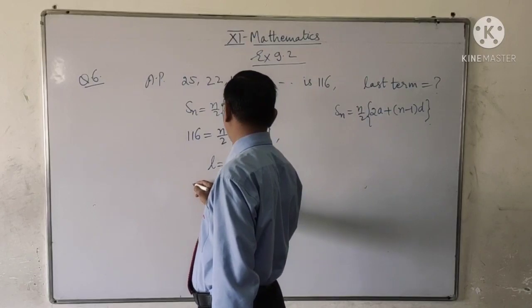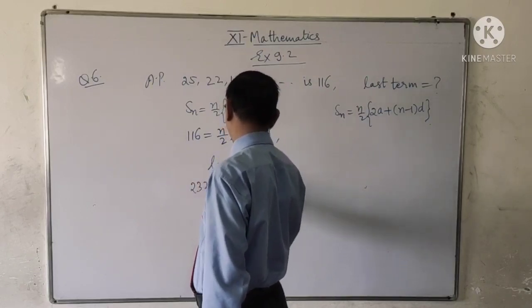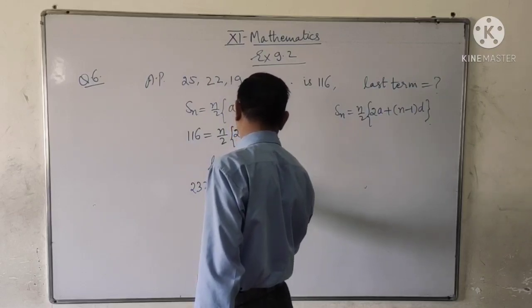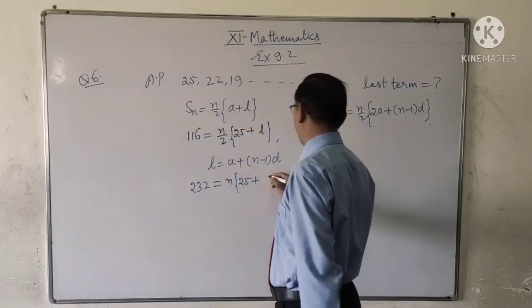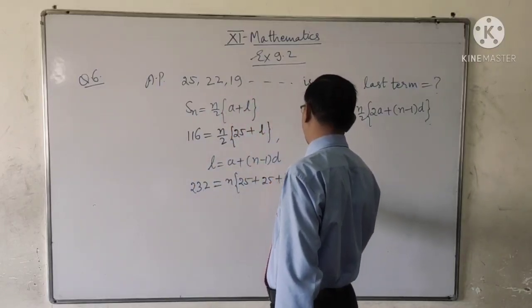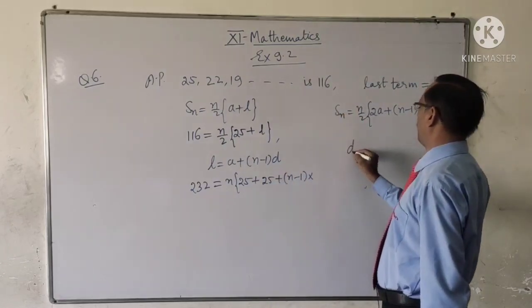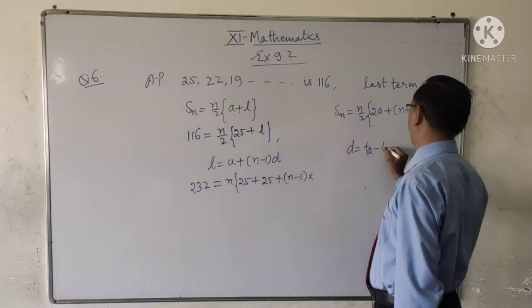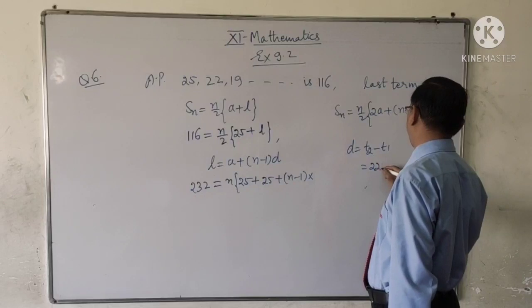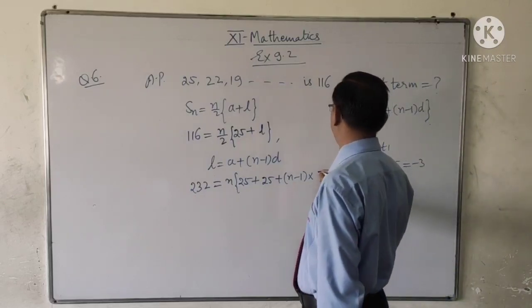So it is 232 equal to n into (2 times 25 plus (n minus 1) into D), and D equal to minus 3. D equals second term minus first term, so it is 22 minus 25, which is minus 3.